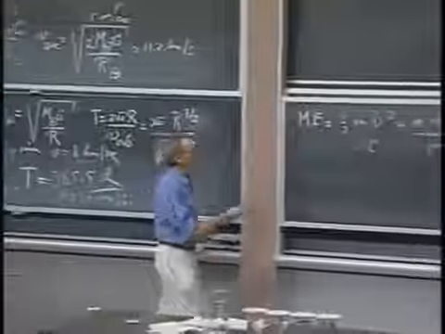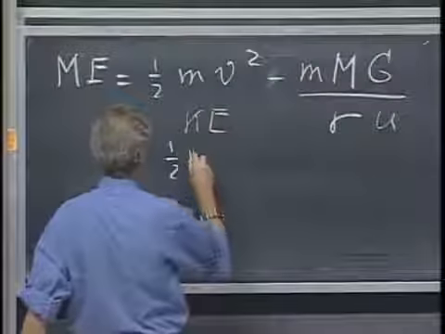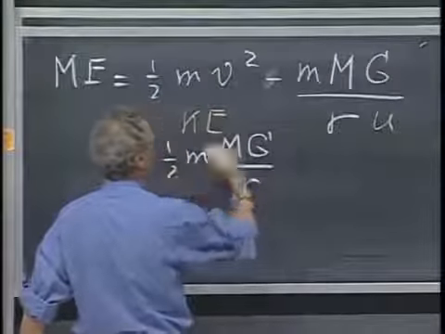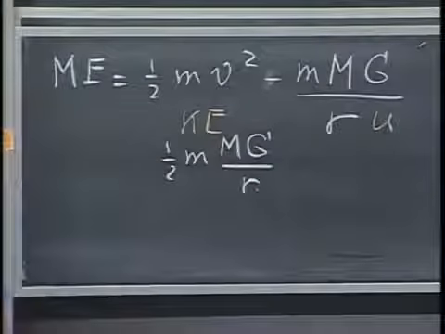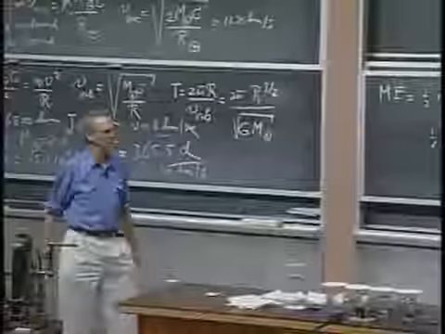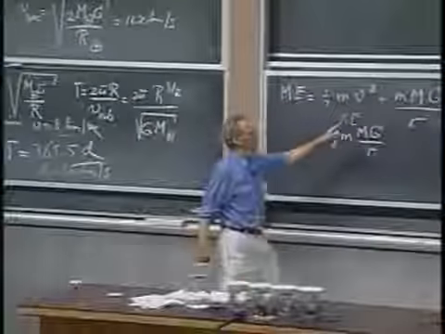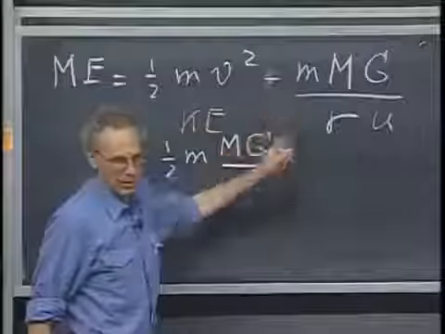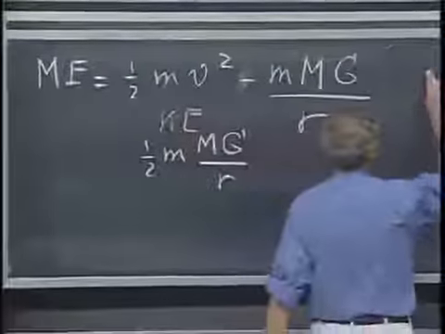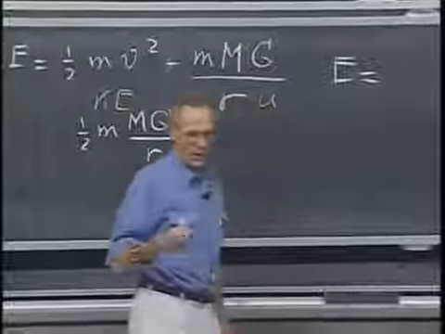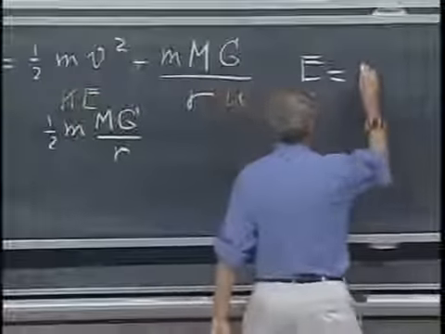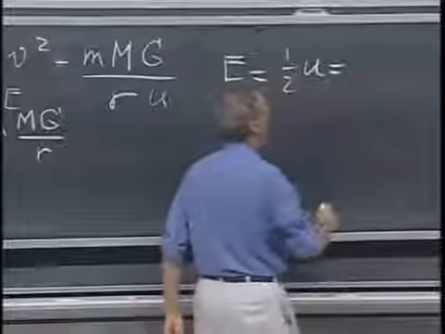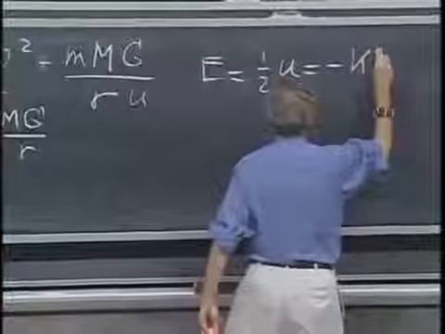And so this one equals 1/2 GMm over r. Now compare the two. They almost look like carbon copies of each other, except that there is a minus sign here, which is crucial, and there is a half here, which is missing here. And so the total energy E, which I've called the mechanical energy, always for a circular orbit, is 1/2 the potential energy and is the same as minus the kinetic energy.